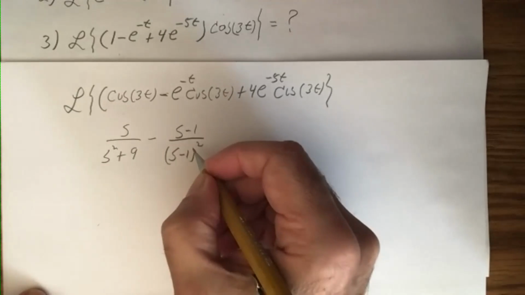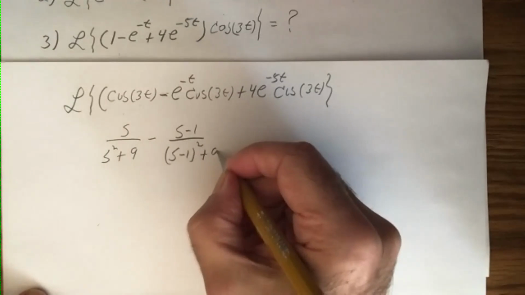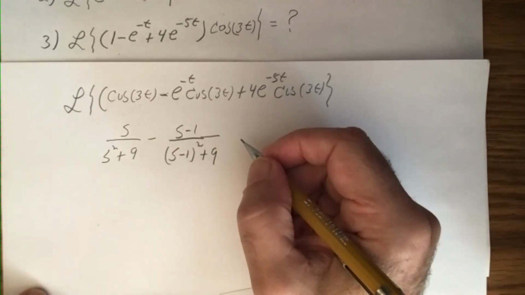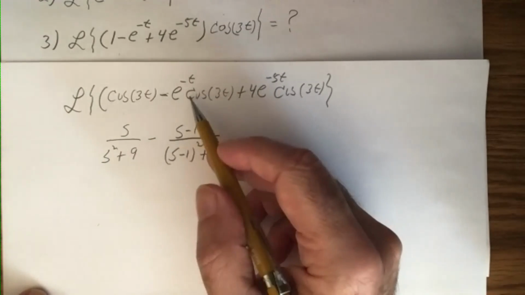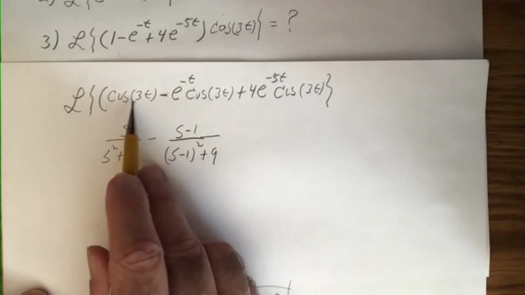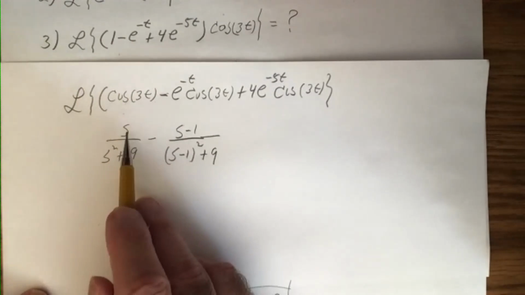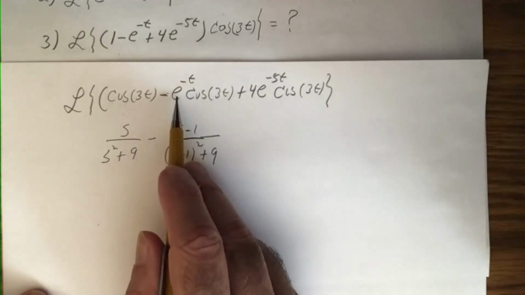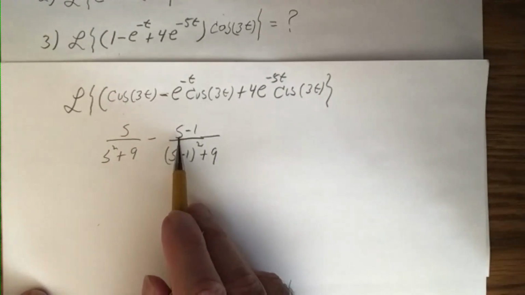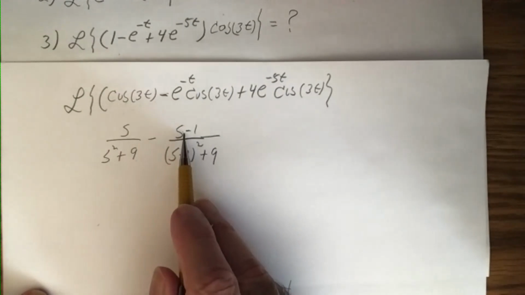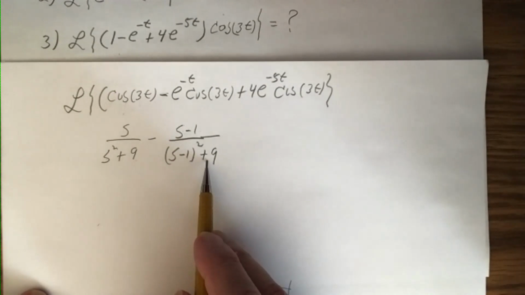I actually did these problems yesterday. Here, when you just have the cosine of 3t, you get s over s squared plus 9. Now this is being multiplied by the minus t, so we have to shift the s to s minus 1, right?